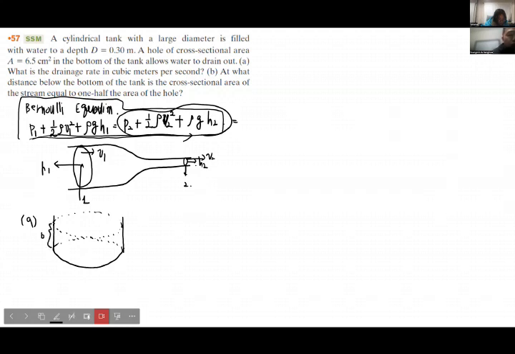And there's a drain hole in the middle of the bottom of this tank. And the cross-section A is actually this whole thing. A is 6.5 square meters, right? The bottom of the tank.